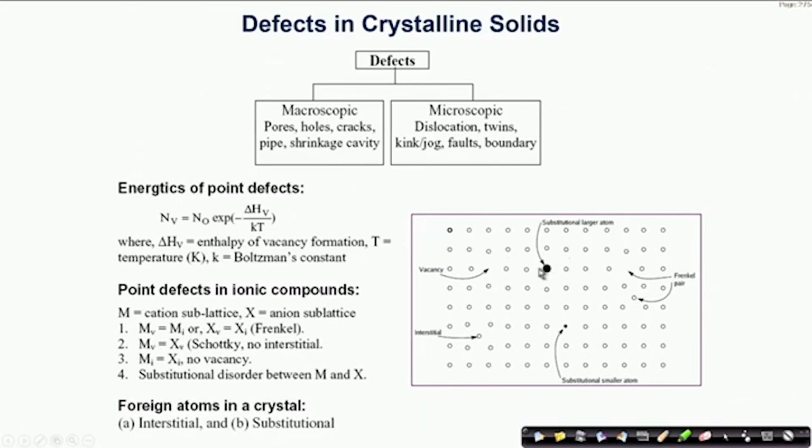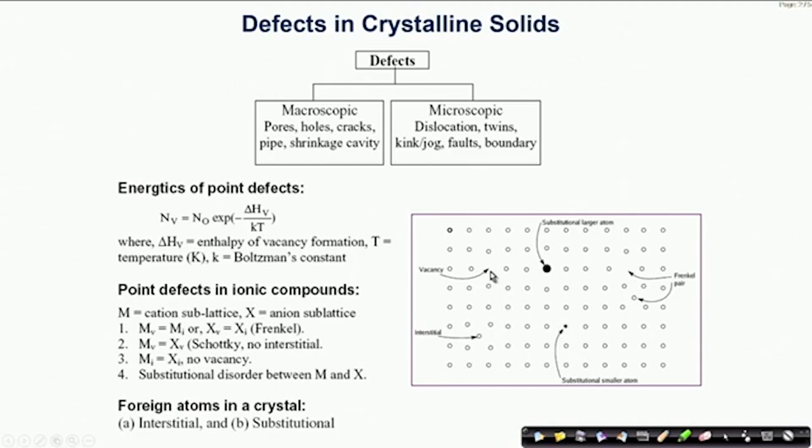For example, if any of the usual atoms or ions or molecules in a given three-dimensional periodic array is substituted by a bigger one, like the one you are seeing here, then you call it a substitutional atom or maybe a substitutional ion. There's no necessity that the atomic radius of the substitutional atom always has to be bigger than the lattice atoms. It can be even smaller.